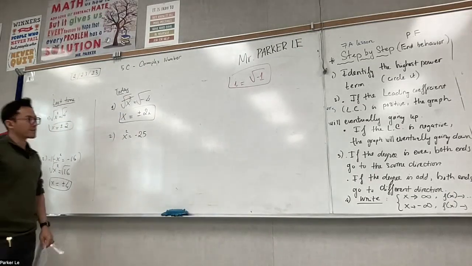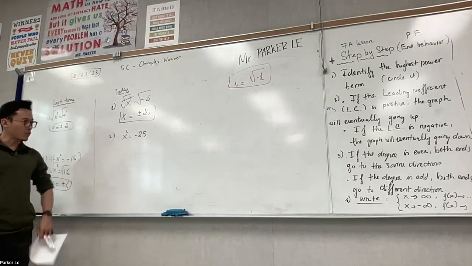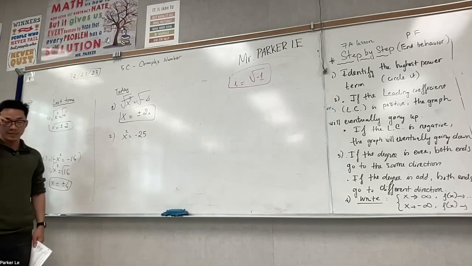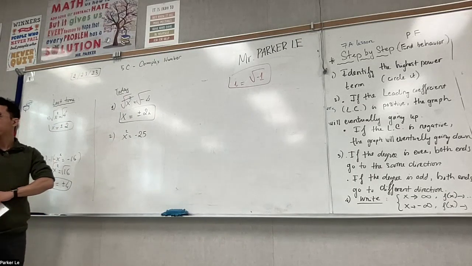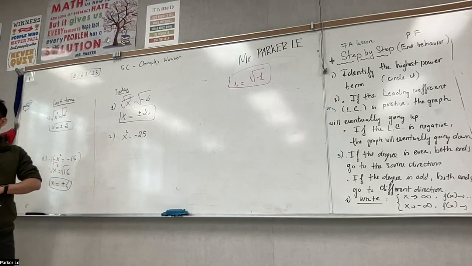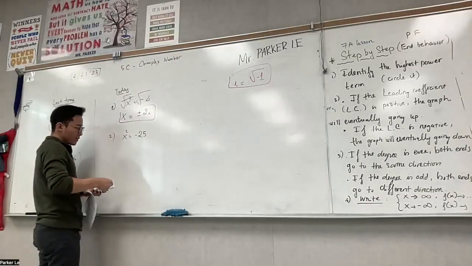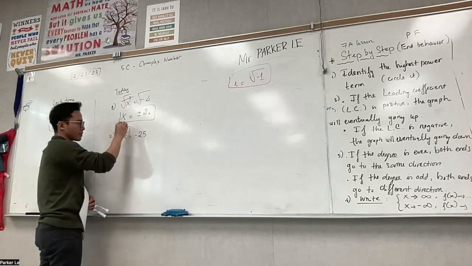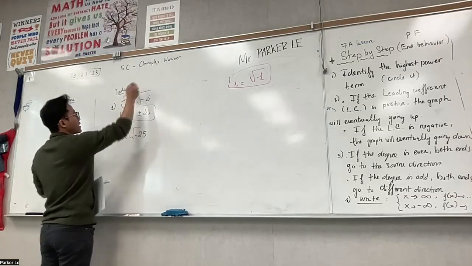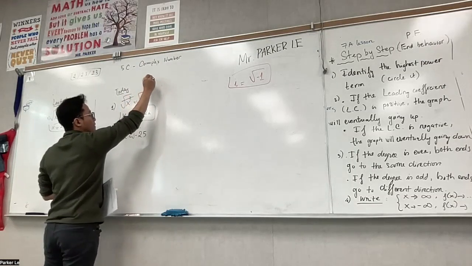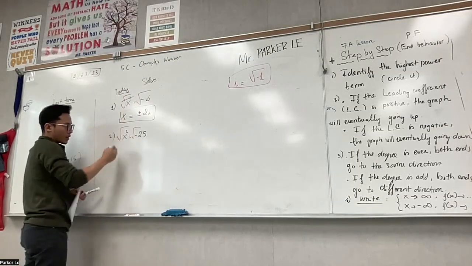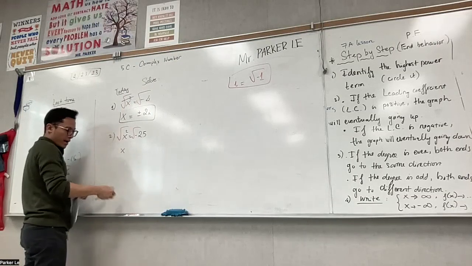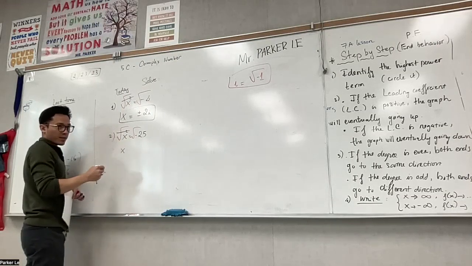All right. x squared equal to negative 25. What are you going to do? Taking the square root. So x squared and the square root cancel out. So we have x.